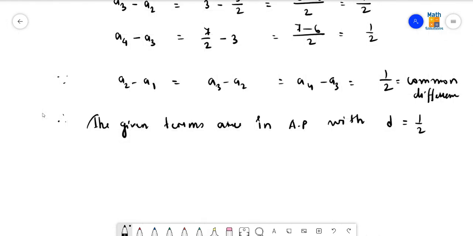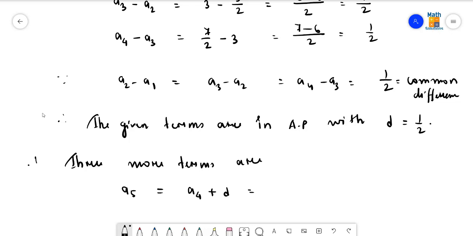Further, we have to evaluate 3 more terms. Therefore 3 more terms are, of course, A5. A5 means A4 plus D, so I can put here 7/2 plus half, LCM is 2, 7 plus 1 is 8/2, result comes as 4.